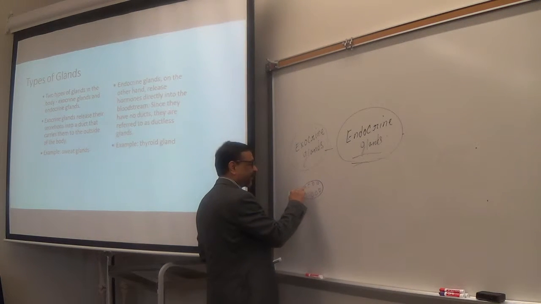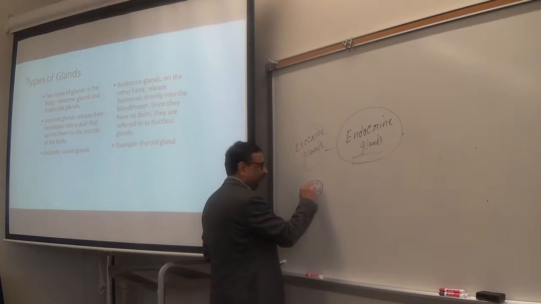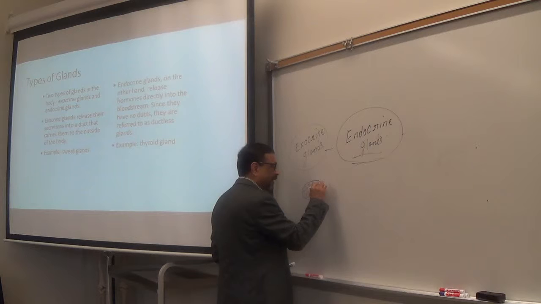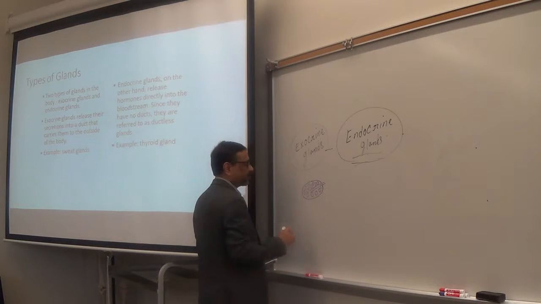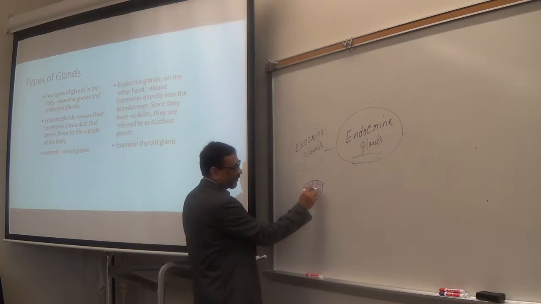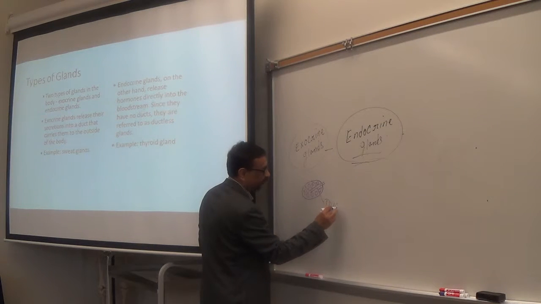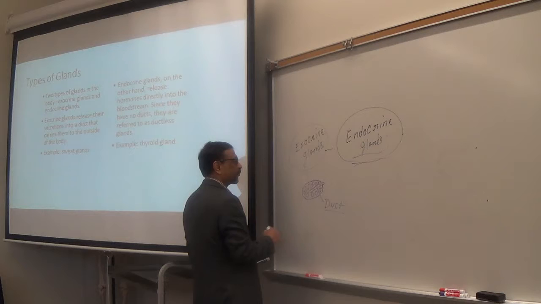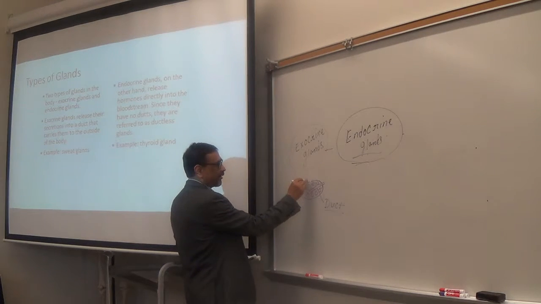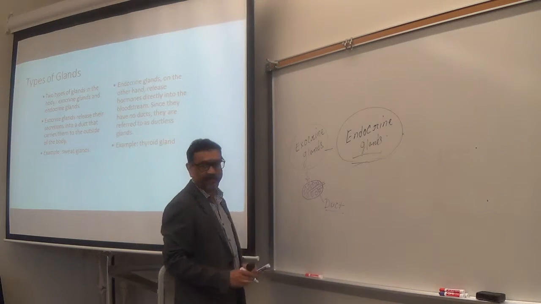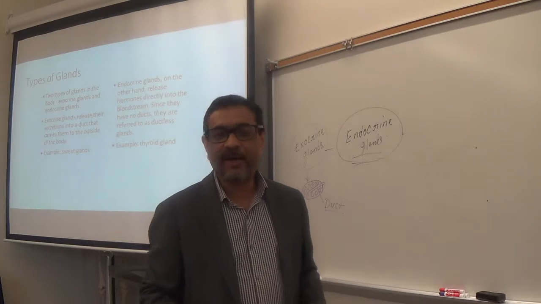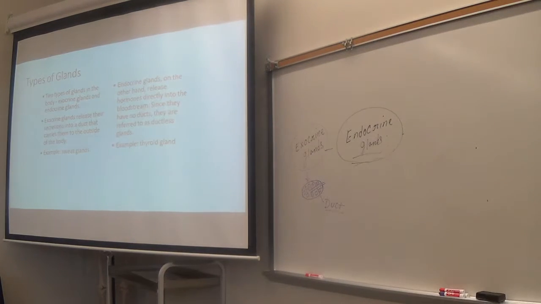And these cells secrete the chemical, and inside the exocrine gland you will see a duct. A duct is a tube-like structure. So this is the exocrine gland, and inside it you will find ducts or tube-like structures.